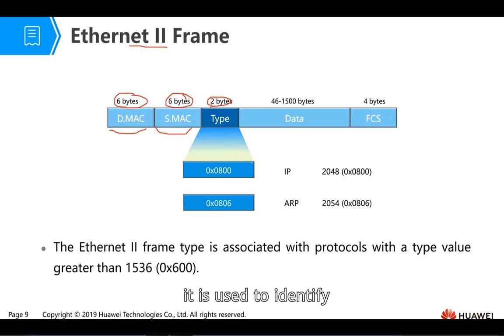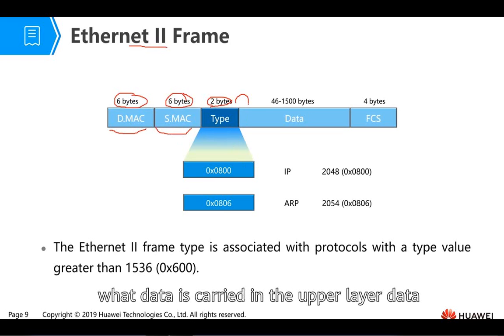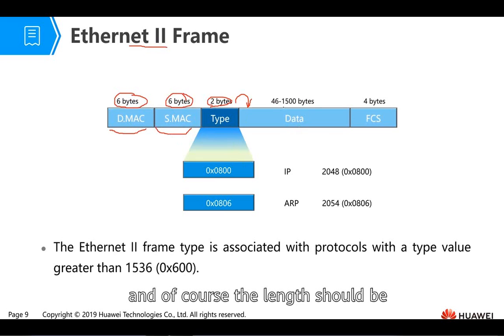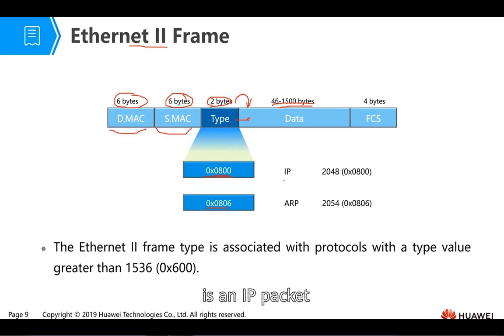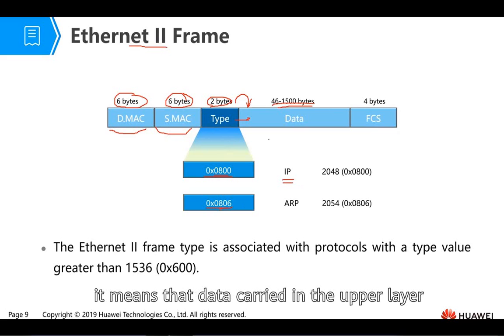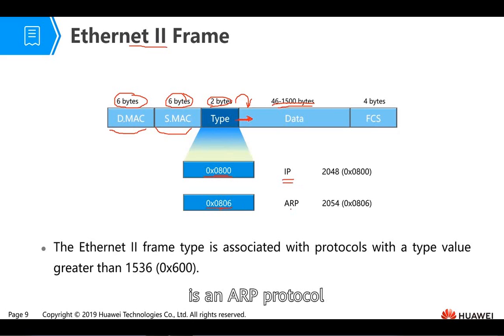The type is used to identify what data is carried in the upper layer. There are two examples. The value 0800 means the data carried in the upper layer is an IP packet. And the value 0806 means the data carried in the upper layer is an ARP protocol.